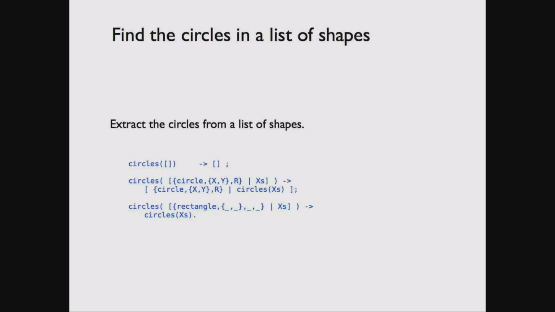Okay. So our second example was the example of finding the circles in a list of shapes. So what we did here was we had to do a pattern match in order to see whether the shape at the head of the list was a circle or a rectangle.